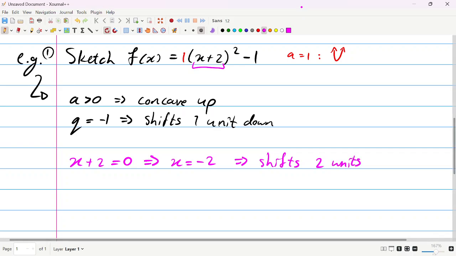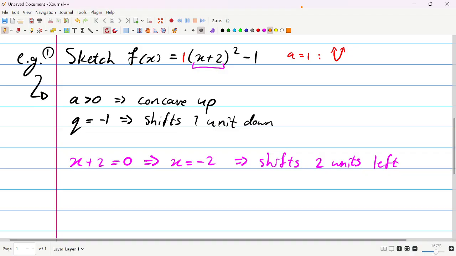It's negative, so left. Okay. Now let's get to a point. Why is it called a turning point form? Well, clearly, with turning point form, it is essentially us saying that the turning point is within the formula.